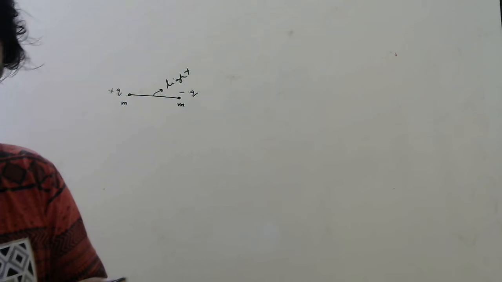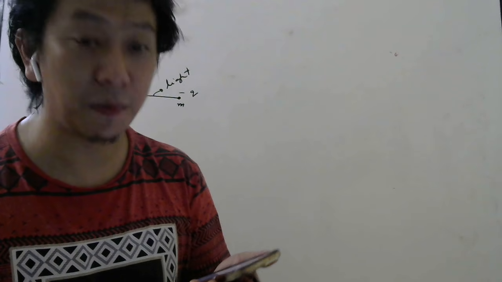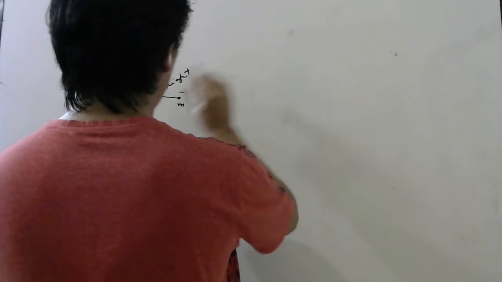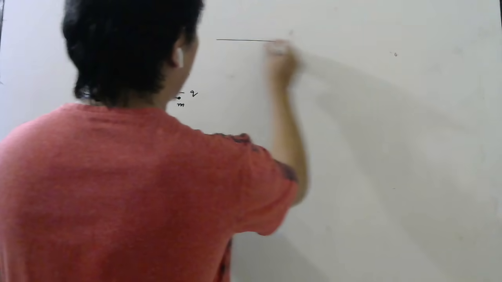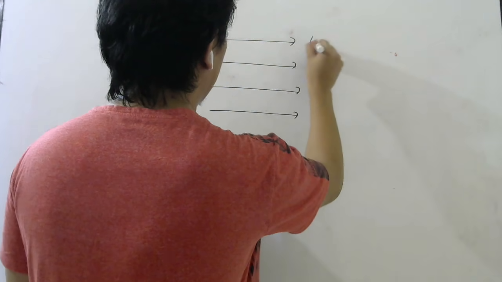The arrangement is held in a region of uniform electric field such that the rod makes a small angle theta, around 5 degree, with the field direction. So they have kept this dipole, now I can call it dipole, right? In a uniform electric field. So this is your uniform electric field.